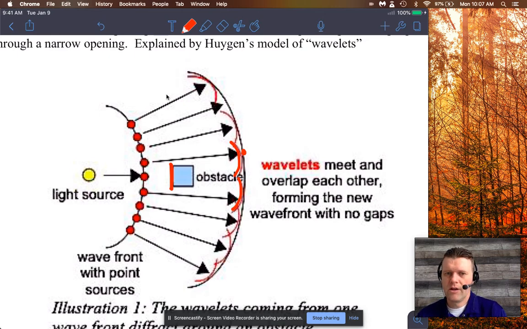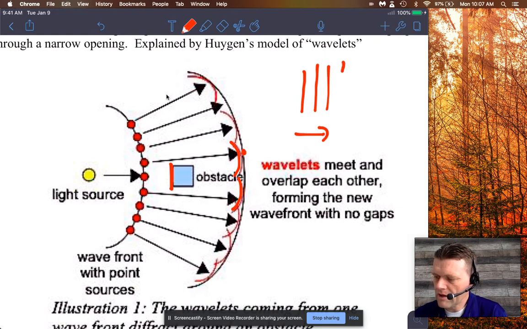or how, in this one it doesn't show it, but if you sent a bunch of waves like this moving from left to right and they encountered a barrier like this, obviously a large portion of the waves would just reflect, but there'd be a portion of the wave that would continue on through that little narrow opening.